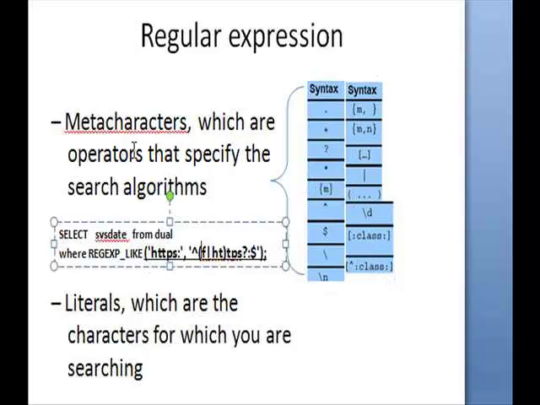They are metacharacters, meaningful characters. In case you want to use any of these characters in your string set, then you have to use backslash dot or backslash plus. We're going to see some examples.